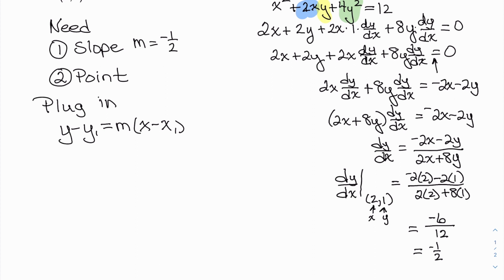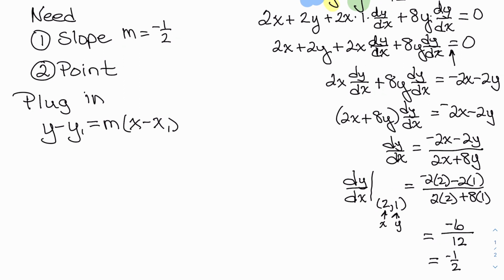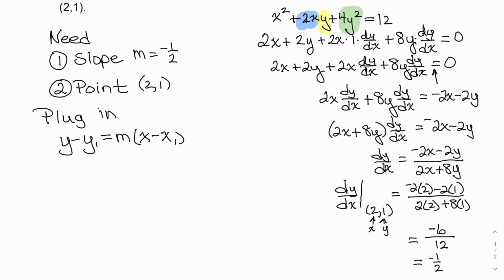Now the point is given to me with both coordinates: (2, 1). Remember, that's your x sub 1, y sub 1, so our equation is y minus 1 is equal to negative 1/2 times x minus 2.